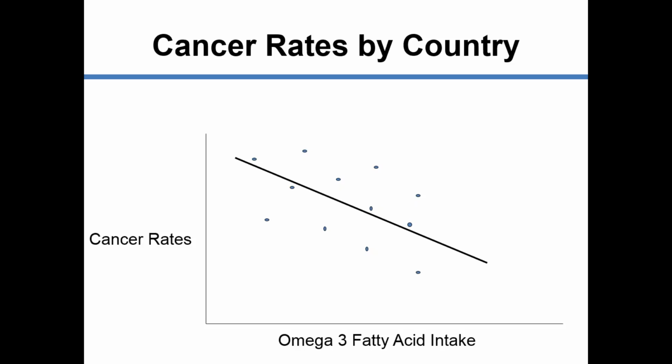I knew a guy who tried to publish an ecological study. I think he eventually did, but he got a lot of criticism and a lot of rejections. He wanted to show that average sunlight exposure by country was related to average rates of like colon cancer or breast cancer or multiple sclerosis. So people in Sweden get less sunlight than people in the United States.